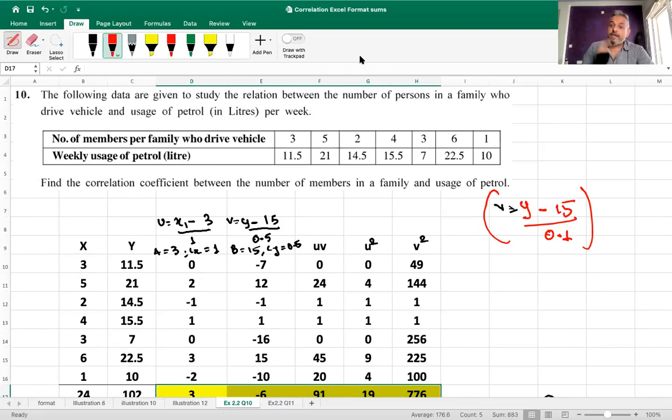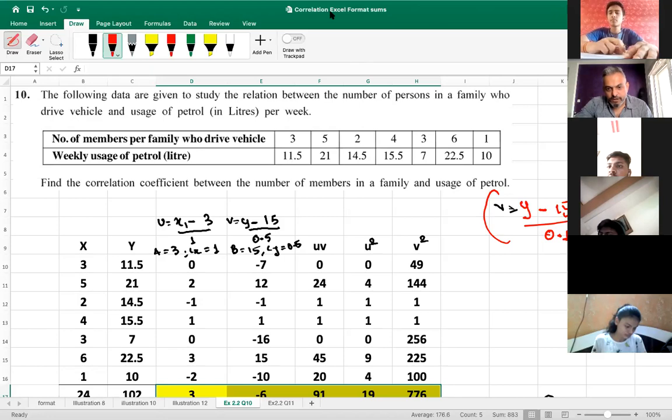If it is 3 decimal places, then you take 1 upon 1000, so 0.001. So if it is up to 1 decimal place, then you take 0.1. If 2.01, if 3.001. Is this clear? Yes, sir.